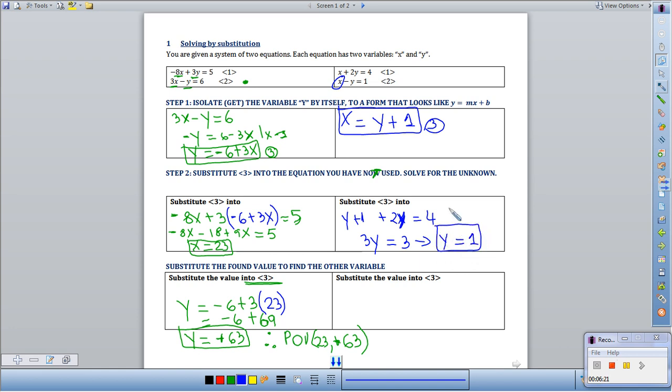Now that I have the value for y, I'm going to substitute it back into my third equation. I have x equals 1 plus 1 or x equals 2. Therefore, the point of intersection of the two lines represented by the system is 2 and 1.